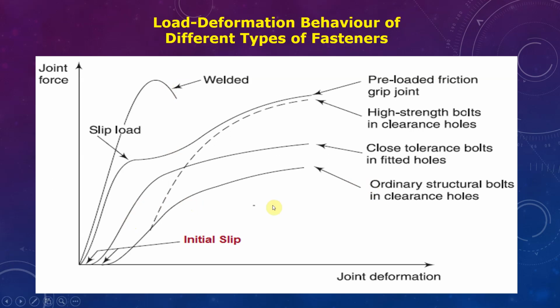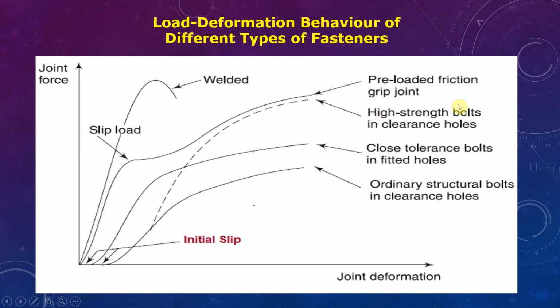So here when you think about ordinary bolts, they will slip initially and they will take a less joint force and there will be more joint rotation or deformation. When you talk about close tolerance bolts in a fitted hole, then they will slip less. Suddenly their joint resistance will increase as compared to the joint deformation, but after this point their deformation increases as compared to the increase in the joint force.